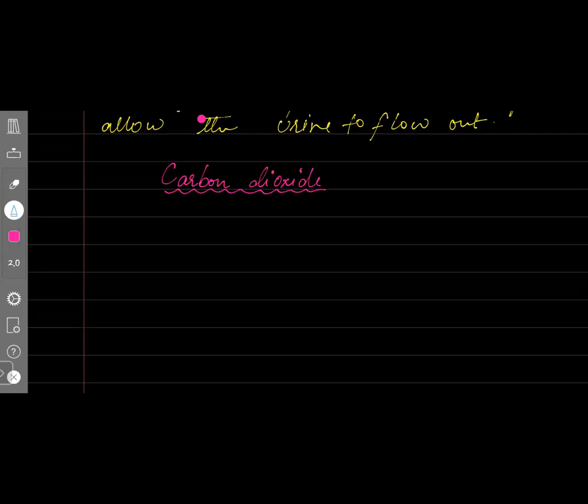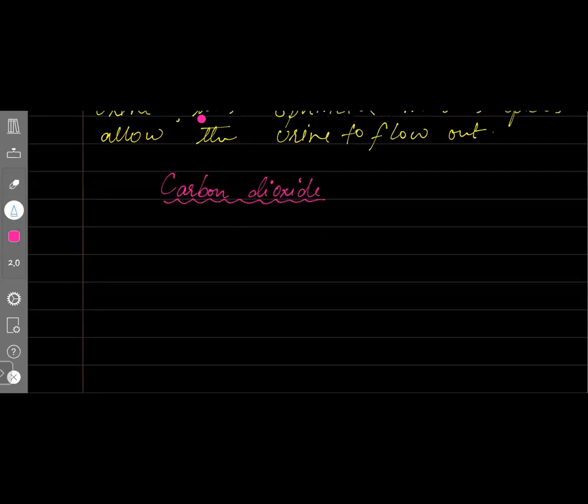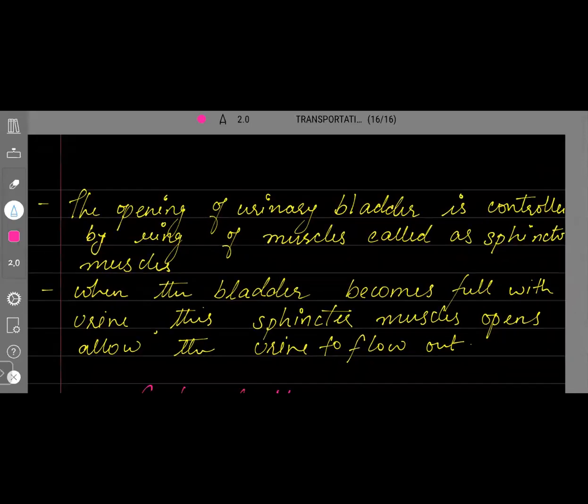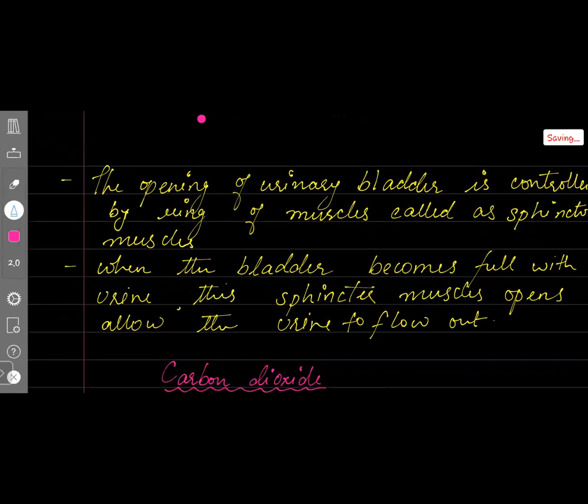So in cellular respiration, when the oxygen is utilized in the cell, mitochondria will use the oxygen and produce energy. When the energy is produced, some waste material will also be produced.